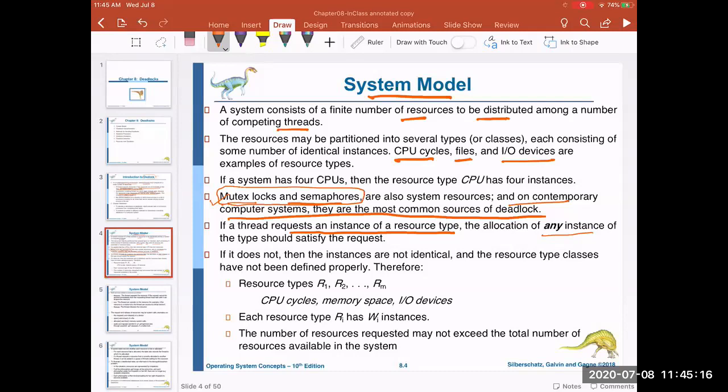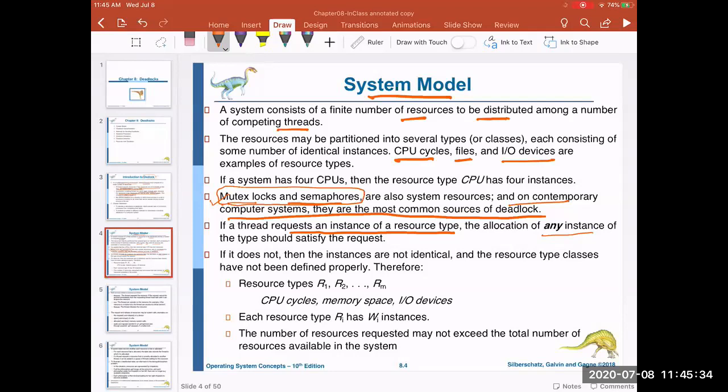If we allocate that thread to CPU 1 or 2 or 3 or 4, all are the same for that particular thread, and that would actually satisfy the need of the thread. So what I mean to say is, each type of resource would have a certain number of instances.